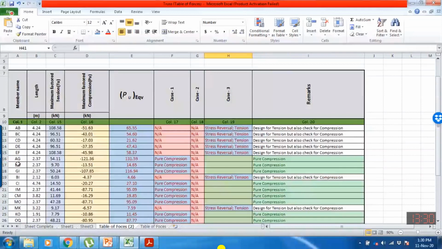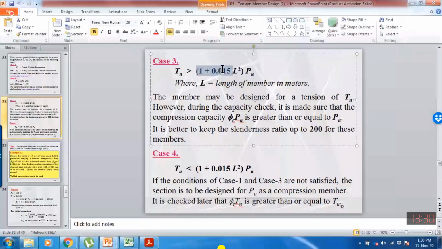Okay, here is what I have done. I have computed this parameter, PU equivalent. I'm calling it PU equivalent just to minimize the calculation. So I have computed this whole parameter, and I'm calling it PU equivalent. That is the magnitude of the compressive force which will be equivalent to TU.